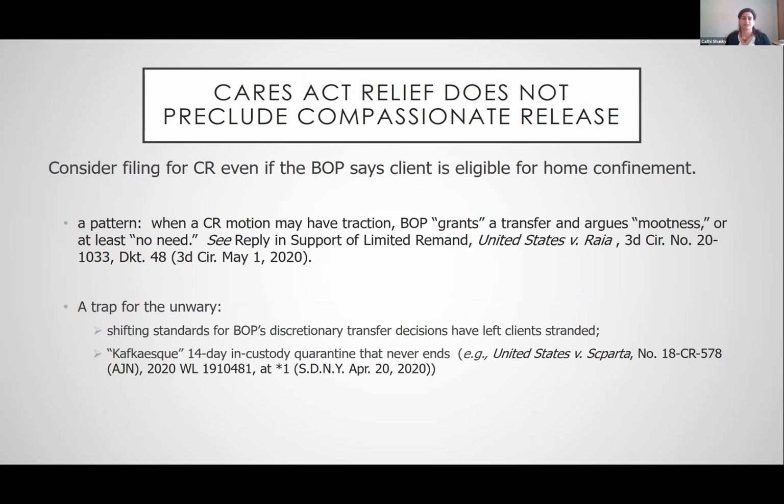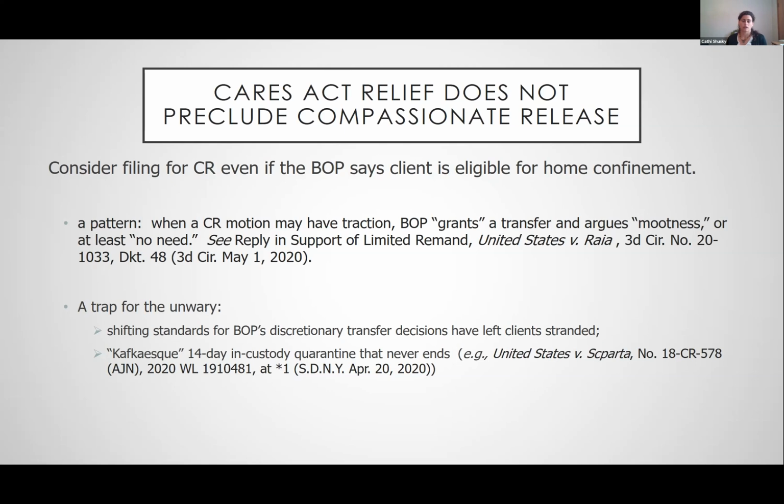So the CARES Act does not preclude any compassionate release. So even if the BOP says to your client that he is eligible for home confinement under the CARES Act, I would encourage you to consider still pursuing the compassionate release. There's been some circumstances, I think towards the beginning, I don't know if they've been recently, where the BOP was changing their standards about whether they would release somebody under the CARES Act.